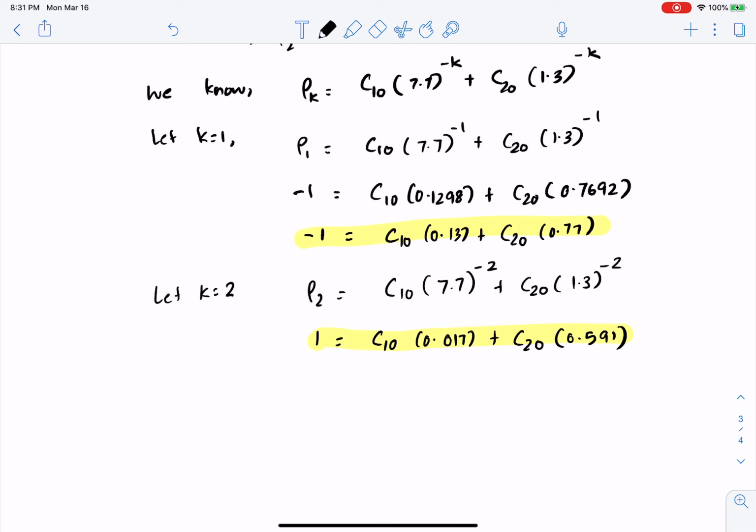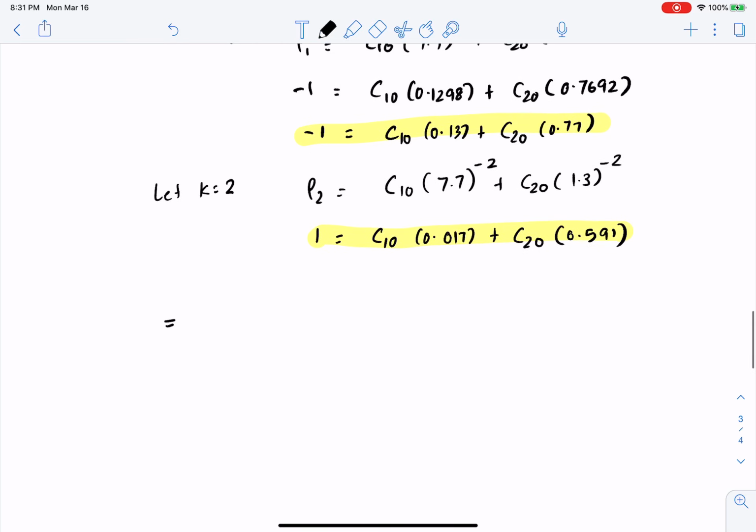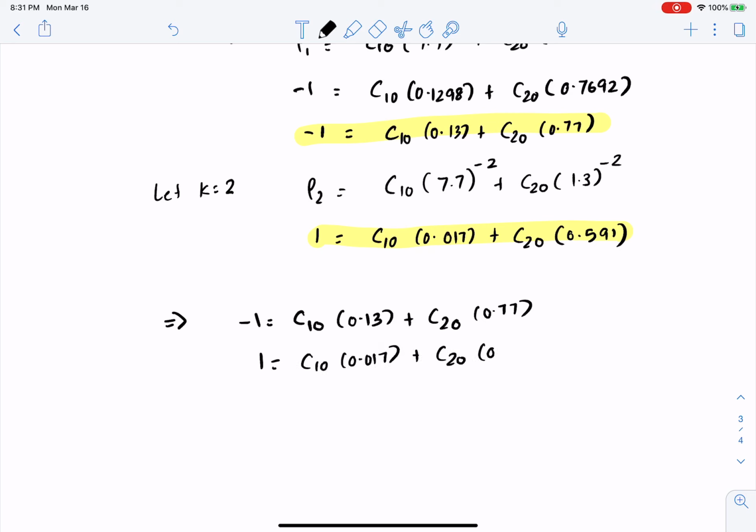Let's bring them together. And this looks very much like a matrix.